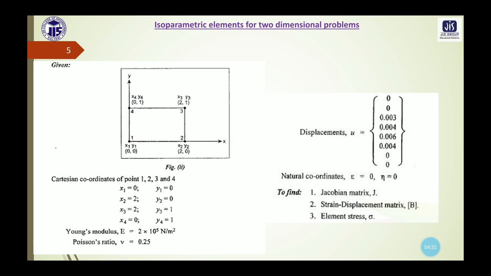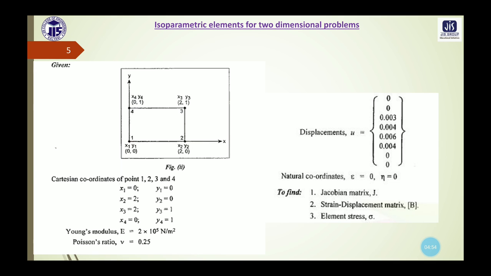Now the value of the Young's modulus is given as 2 into 10 to the power 5 Newton per meter square, and the value of Poisson's ratio is 0.25. The displacement U matrix is given as a column matrix, and the natural coordinates or local coordinates epsilon is given as 0 and eta is given as 0.